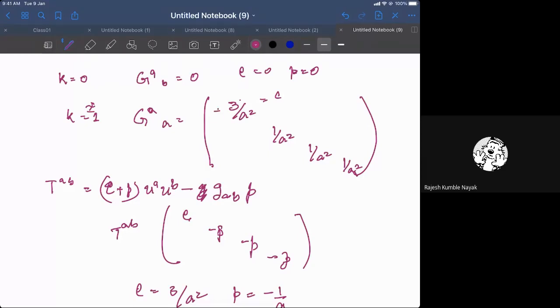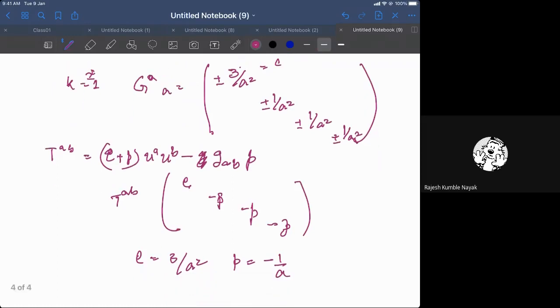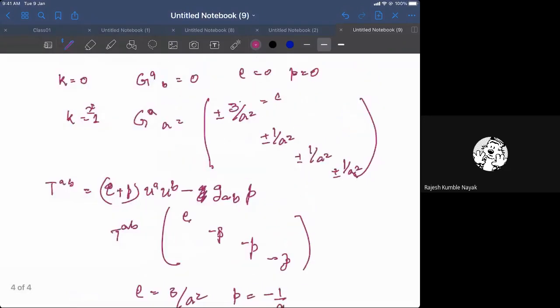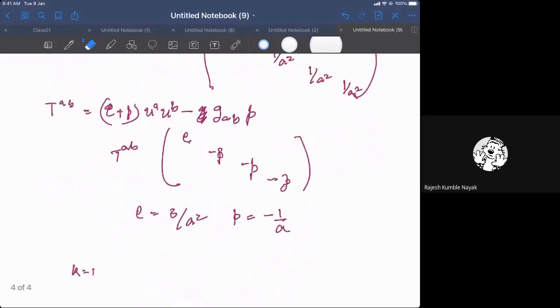So this should solve the problem probably. No, it doesn't solve the problem. This is always positive. So this is what you would get, and you see that the problem doesn't get solved.